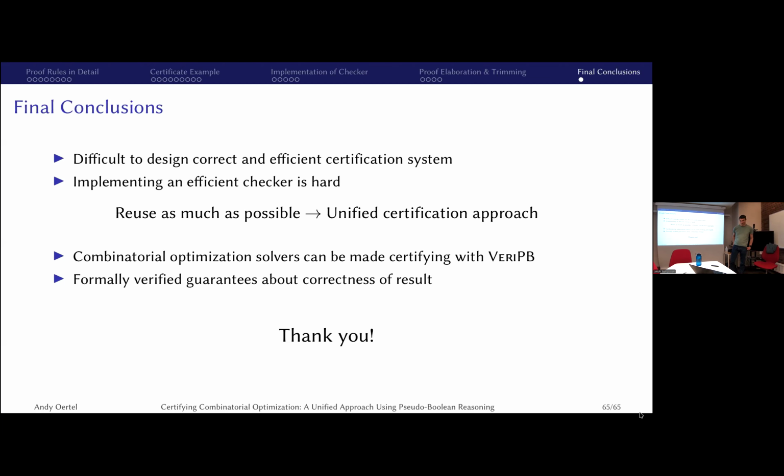Is this a one-time thing? Is this one reason for trimming, as Andy said: if you want a really short proof, maybe you can store it somewhere. This is actually interesting. This is something that, for instance, Amazon Web Services is doing. They're actually generating proofs and storing them, not in the VeriPB format yet, they're using another format.